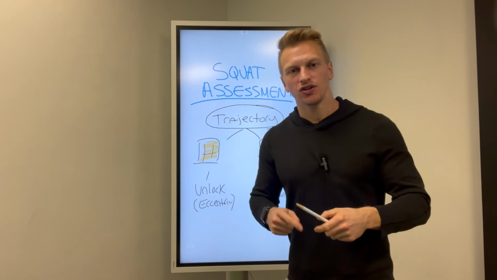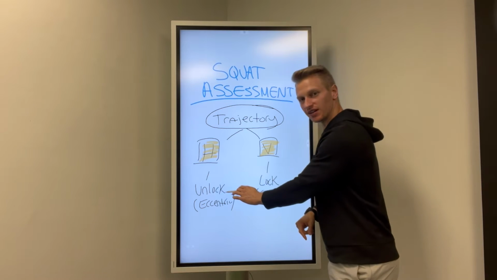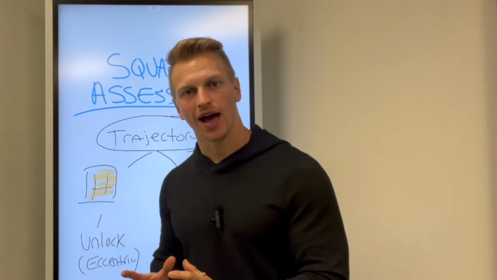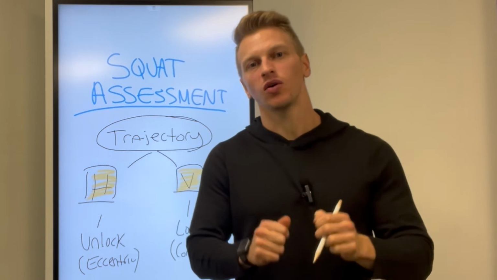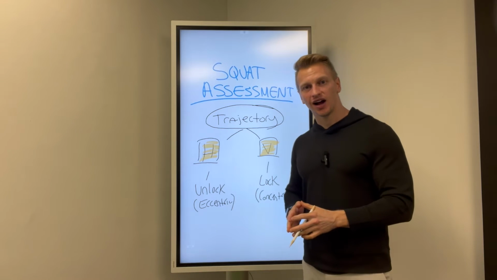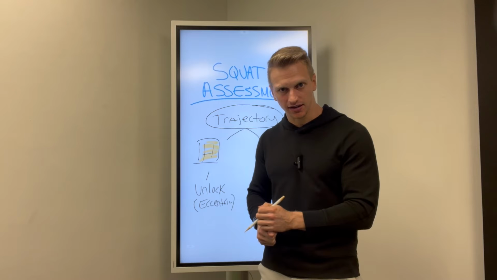So what do we need to do to fix it? It's just the opposite. If we want that person to get out of their pattern, we need to lock what's unlocked. Locking what is unlocked changes their pattern and changes their pain.